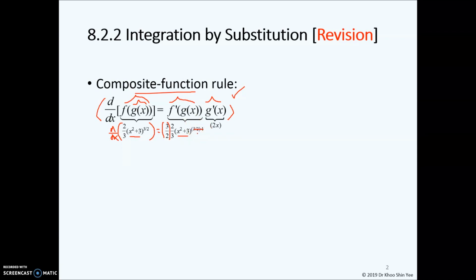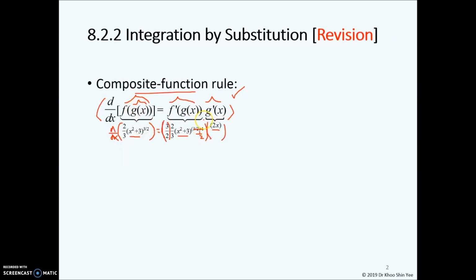So this gives you 1 over 2. Then you continue to solve the inner part, x squared plus 3. After you differentiate x squared, you get 2x, and for the constant 3, you get 0. So the final answer is this term, and you multiply with it.